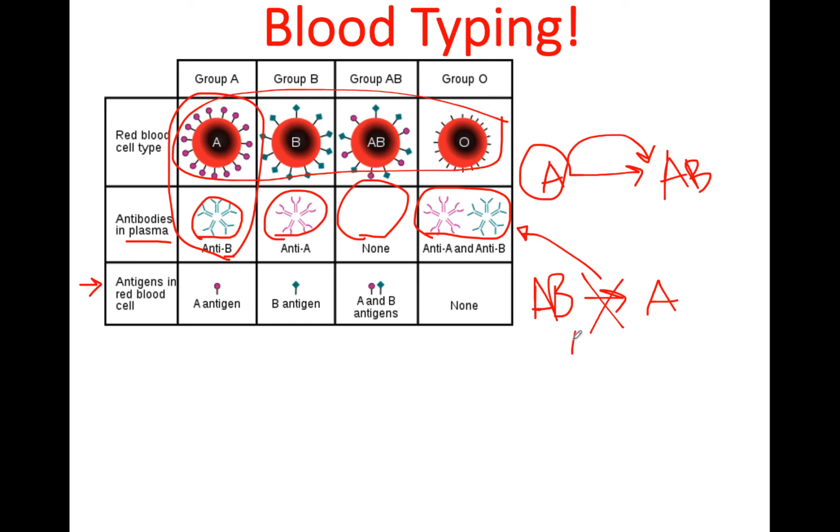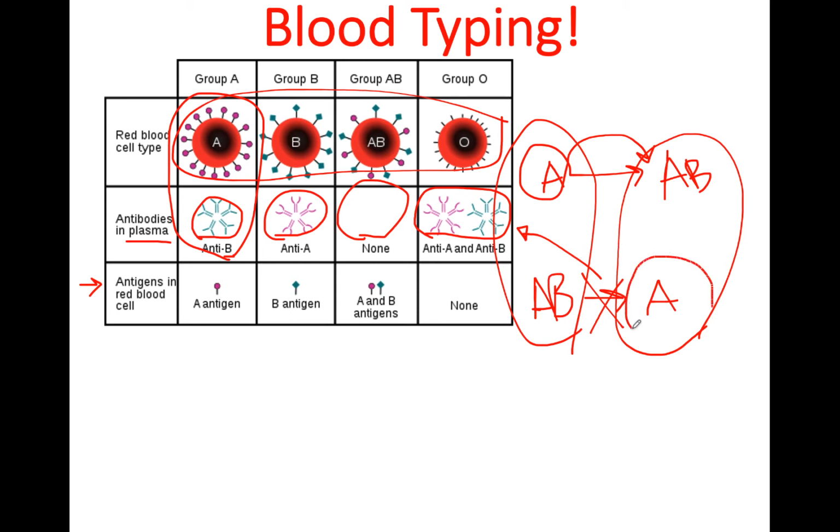So again, when you're donating the blood, you're only donating the red blood cell. The person receiving the blood has the red blood cells, but it also has the plasma. So if you're donating AB blood to a person who has A blood, what is found in the person with A blood's plasma? Let's look here.